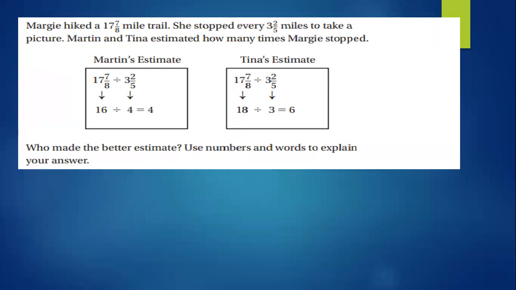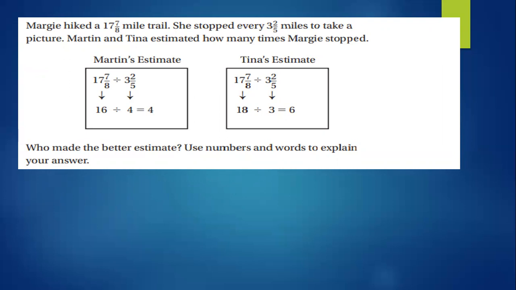So he took the estimate as 16 divided by 4 equals 4. Whereas Tina's estimate was: 17 she rounded off to 18, and 3 2/5 to 3, and 18 divided by 3 equals 6. So whose estimate is better, or who made the best estimate?